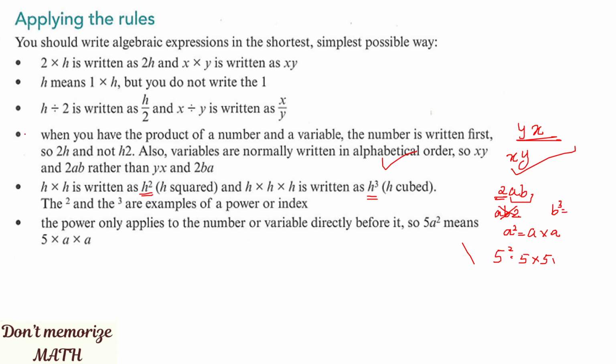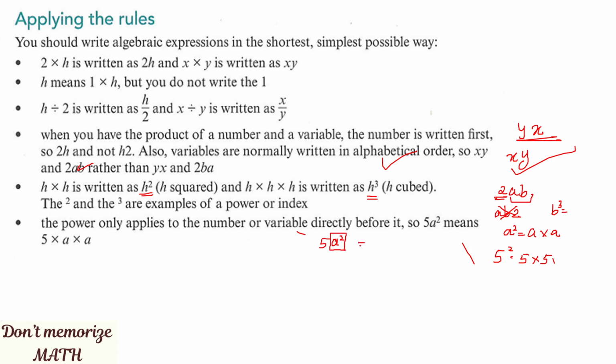Then, the power only applies to the number or variable directly before it. So 5a squared means 5 times a times a. You can see the square is only for this a, right?